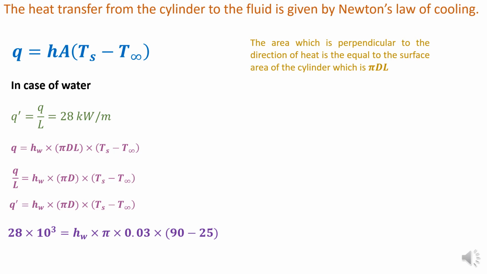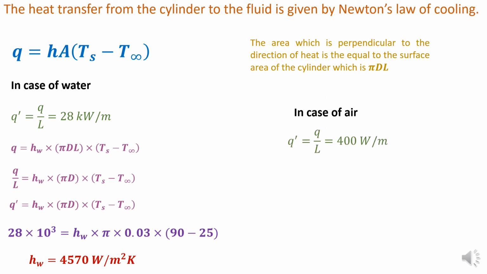When we put the values of Q dash, D, Ts and T infinity in the equation of Newton's law of cooling, we have come up with the convection coefficient in case of water of around 4570 watt per meter square Kelvin.